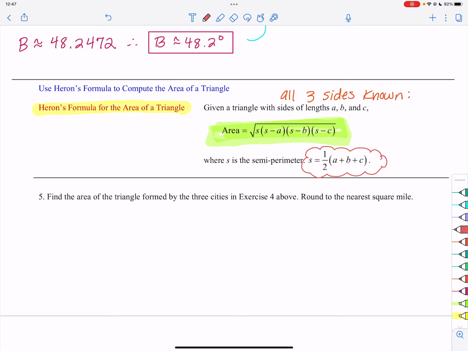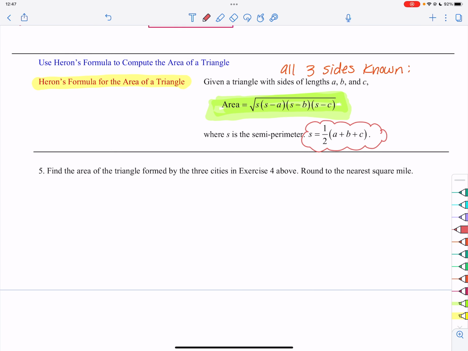So what if we took a look at the area of the triangle in number 4 where we had the 3 cities? So we would have the semi-perimeter, we'll find that first.